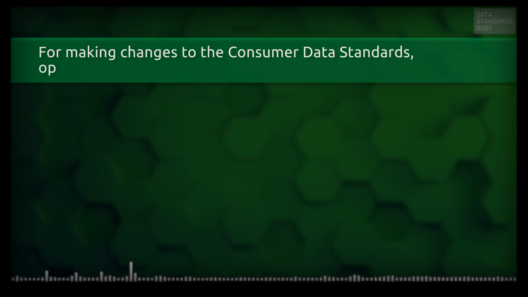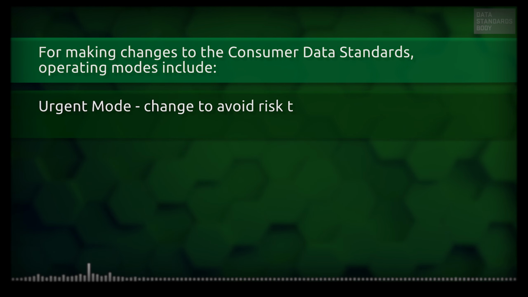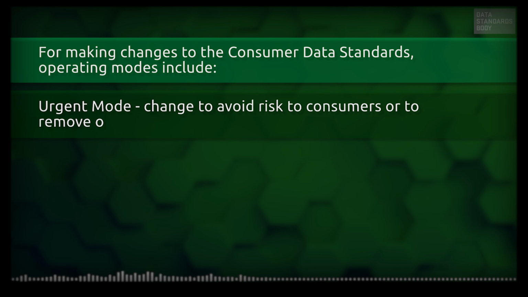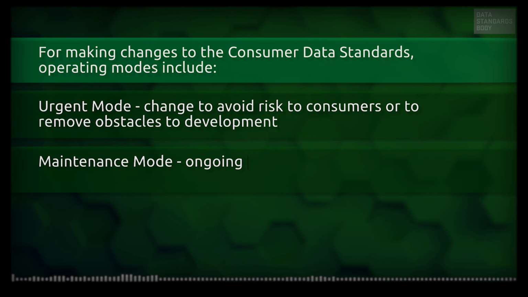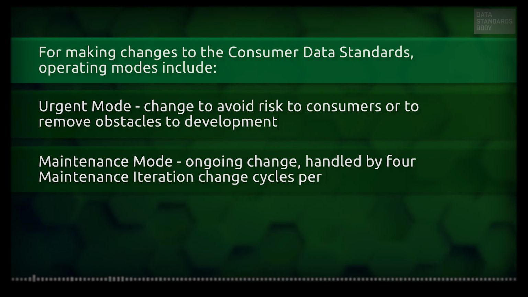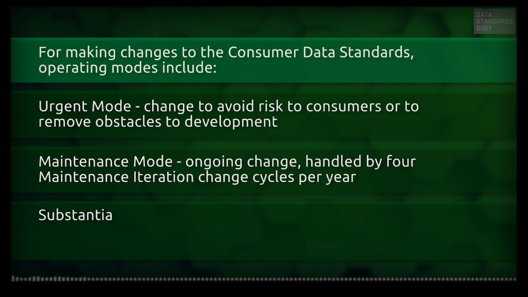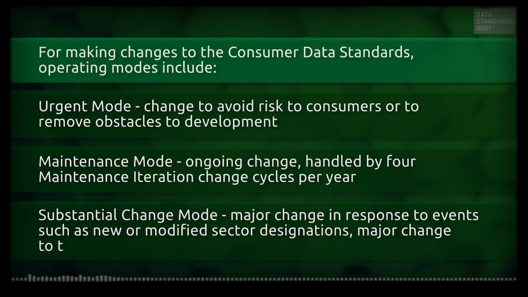For making changes to the consumer data standards, operating modes include urgent mode, change to avoid risk to consumers or to remove obstacles to development; maintenance mode, ongoing change handled by 4 maintenance iteration change cycles per year; substantial change mode, major change in response to events such as new or modified sector designations, major change to the CDR rules, or major CDR legislative change.